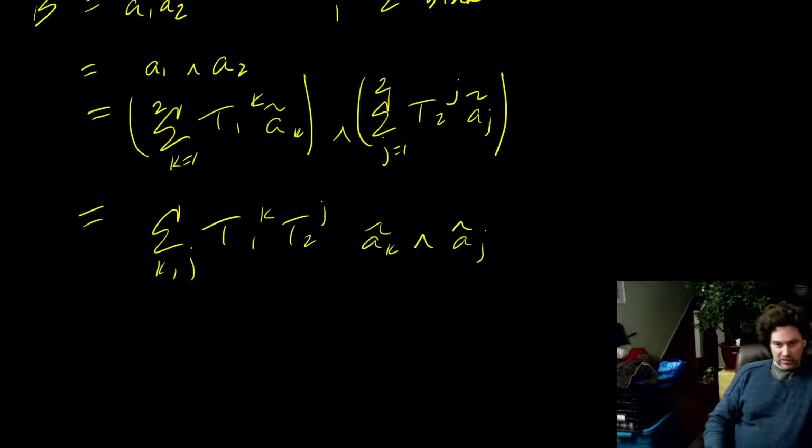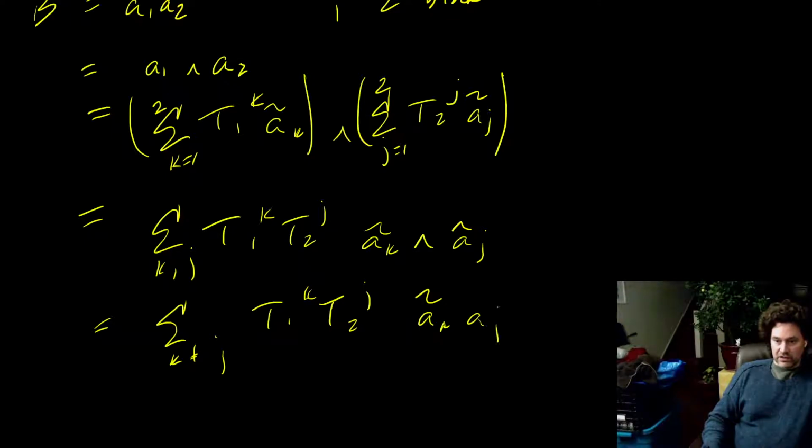And because of the wedge product, we only have to sum over those k's and j's that are not equal. So we can rewrite this as the sum over k not equal j of T1k T2j A-k tilde A-j tilde.